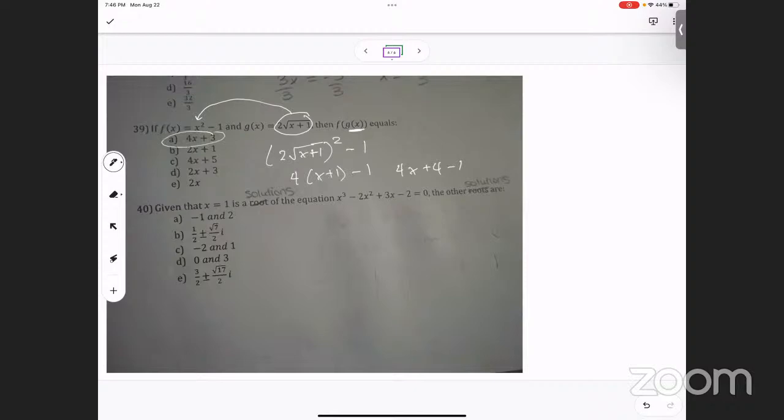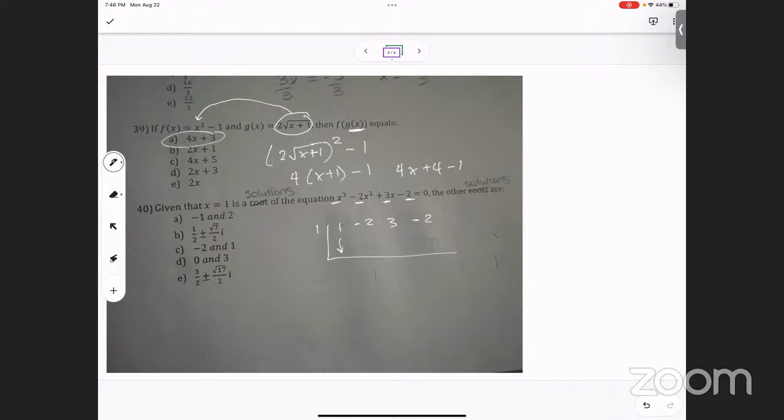Given that x equals 1 is a solution of the equation, the other solutions are, so what we're going to do is synthetic division. So if 1 is a solution, you take the coefficients of this equation and you put them in here. Do you remember synthetic division? Kind of.